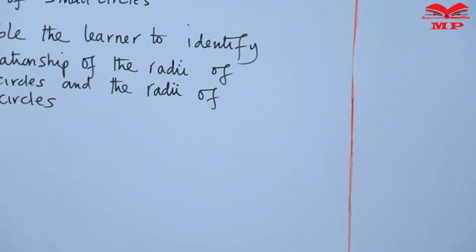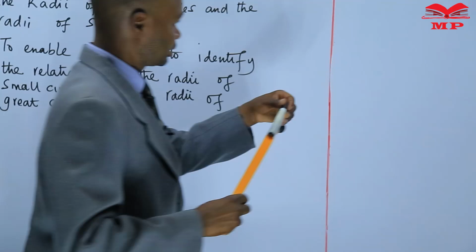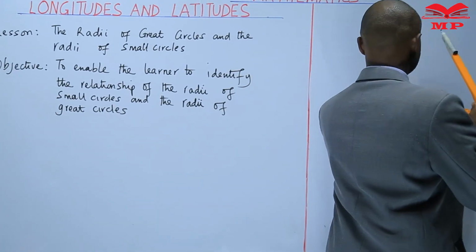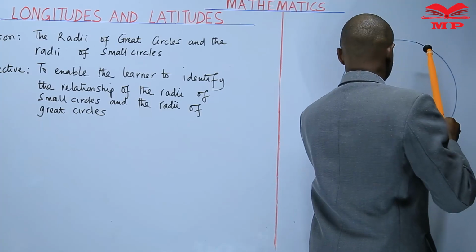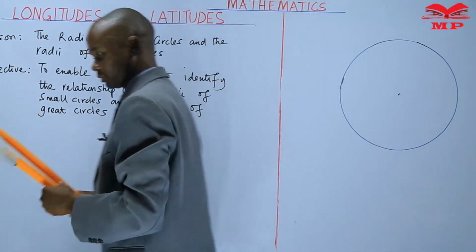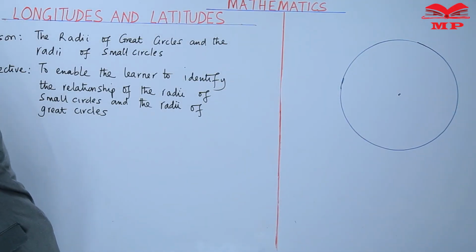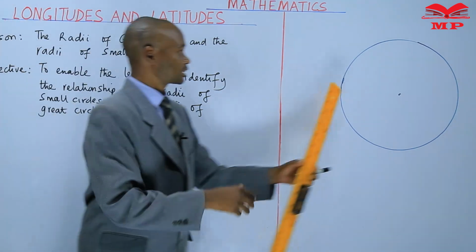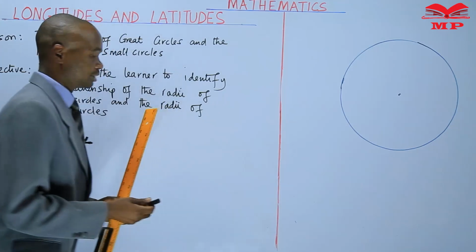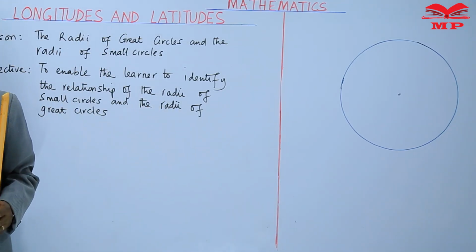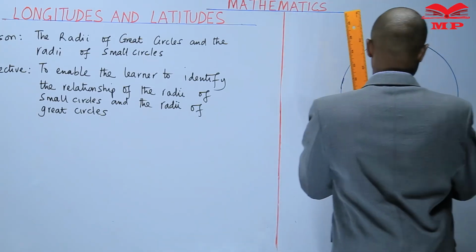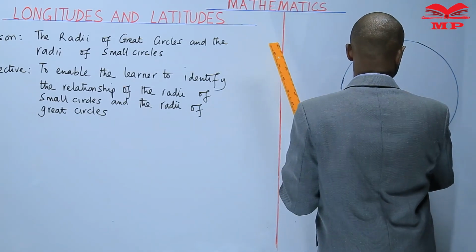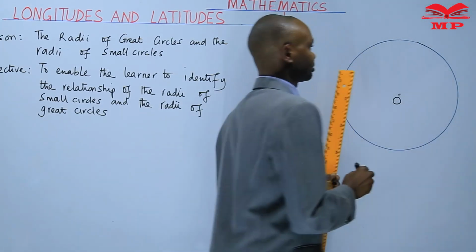So to understand that, I'll come and draw these. Learner, that will be the center of the circle. O will be the center.